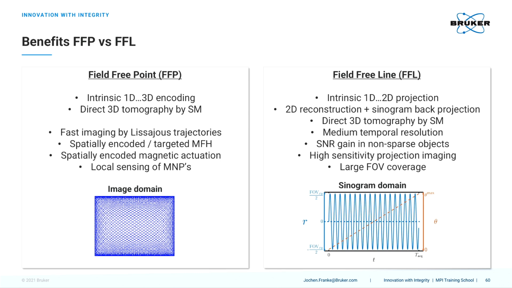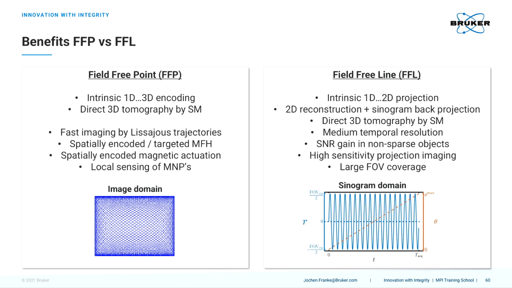Coming to the field-free line, it is intrinsically encoding a 1D to 2D projection, and this projection needs to be reconstructed by using either a sinogram back projection or the ART or SART reconstruction approach. I have shown you a direct 3D tomographic reconstruction by using a sinogram-based adjustment of the height of our trajectory.